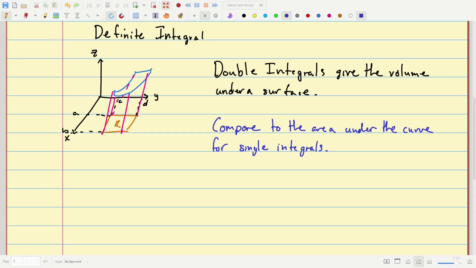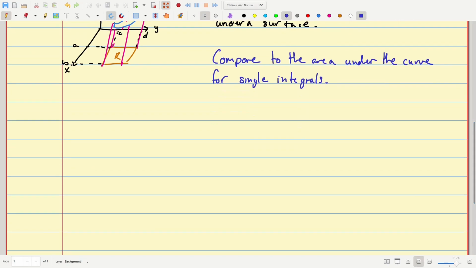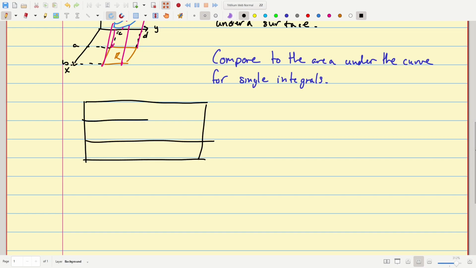I've got a couple of pictures that I want to show. One, I'll do a quick sketch, and then we'll show some computer versions of this. All right. So if we're talking about integrating over a rectangle, what we're going to end up with, instead of a list of partition points, is a grid.